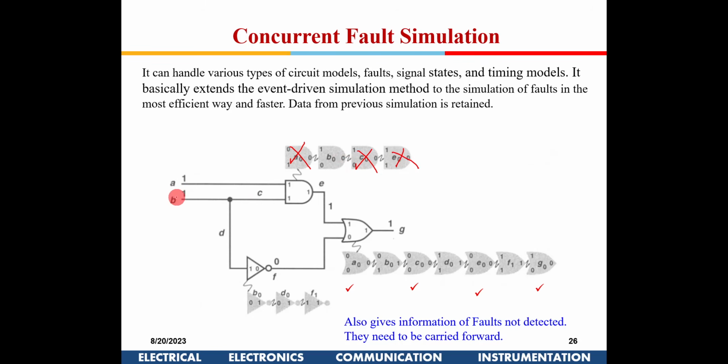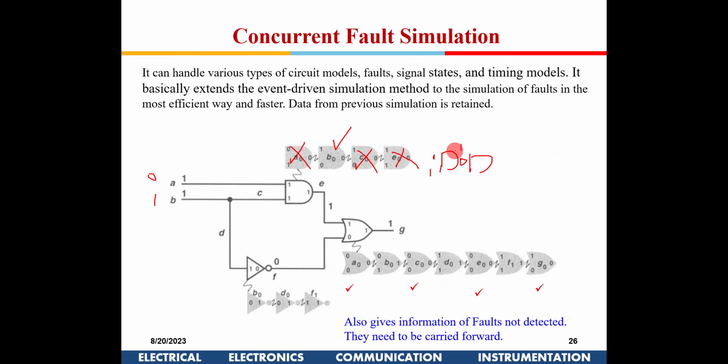In the next run, if I am changing this test vector to 0 and 1, this will be there, right? But corresponding to 0 and 1, there will be other faulty gates also. For 0 1, the faulty gate gives a 1 output, whereas the fault-free output has to be a 0 here.